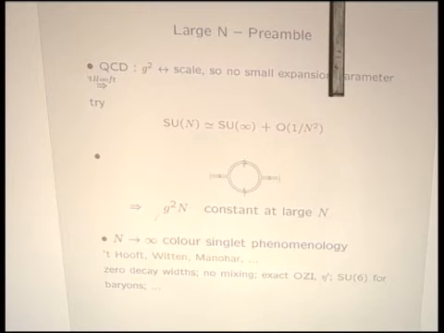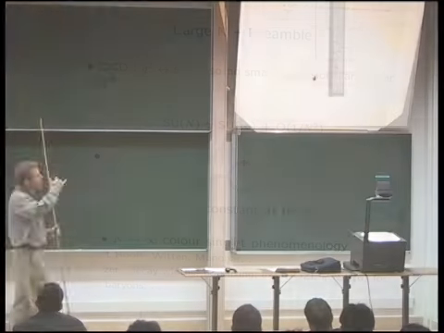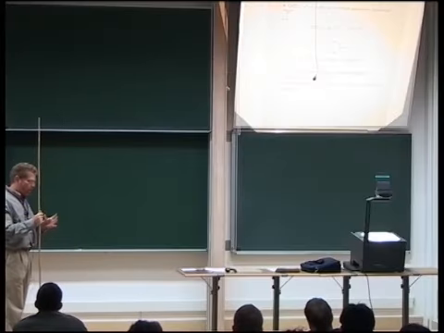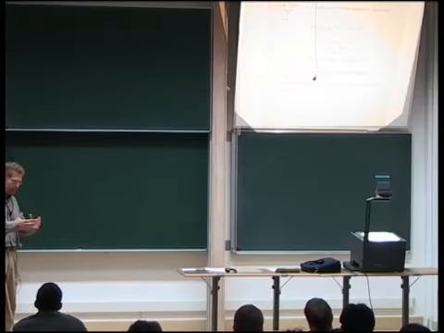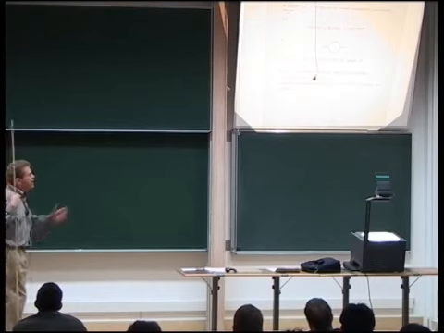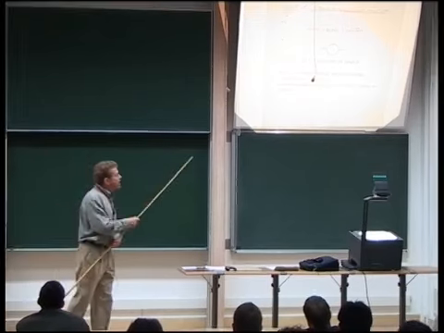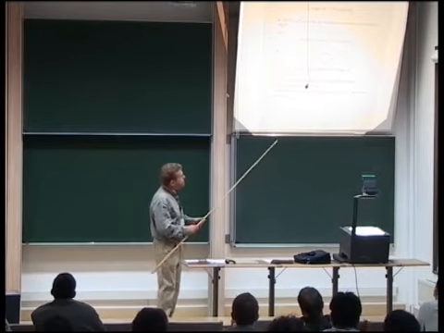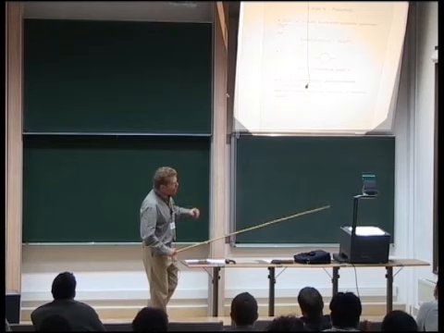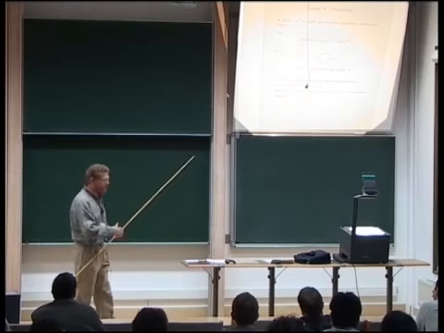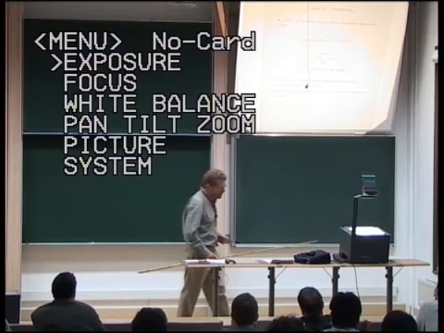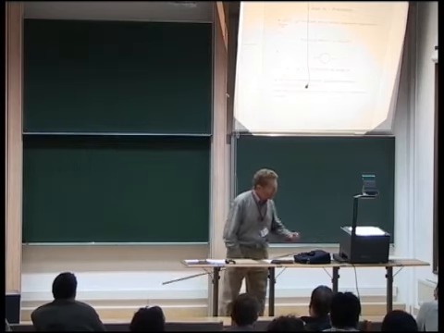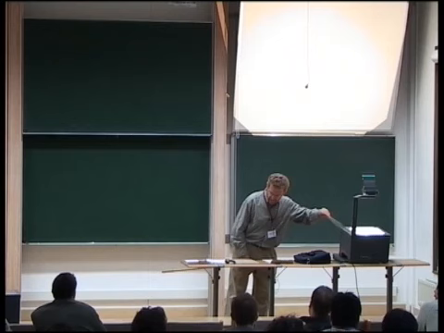If you kept g squared fixed and g squared N became larger as N grew, that means that Feynman diagrams would all be of infinite order because the bubbles would have enormous weight. So you have to keep g squared N constant at large N if you want at least perturbation theory to have a smooth limit when N becomes large. So that's one of the things you expect that you will need to do in order to have a smooth limit at large N.